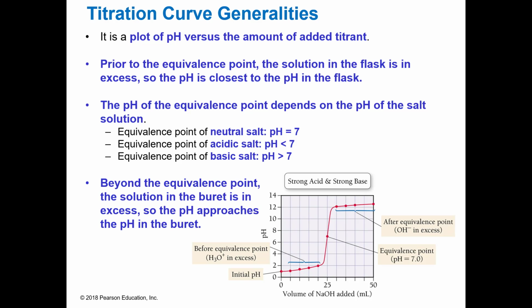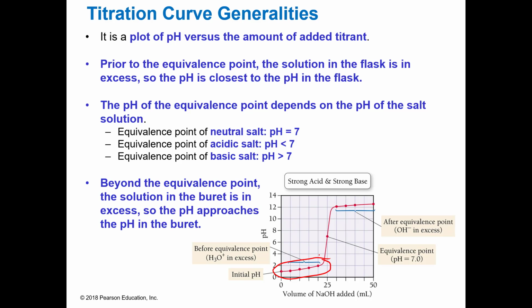So a titration curve is the plot of the pH versus the titrant, usually the volume in milliliters. Before the equivalence point, the flask is going to be in the acidic range, so you're going to have all acid in here right now.